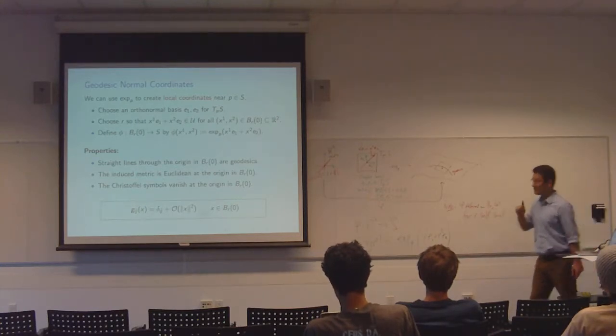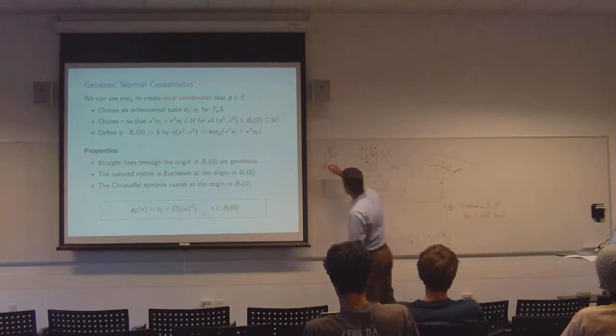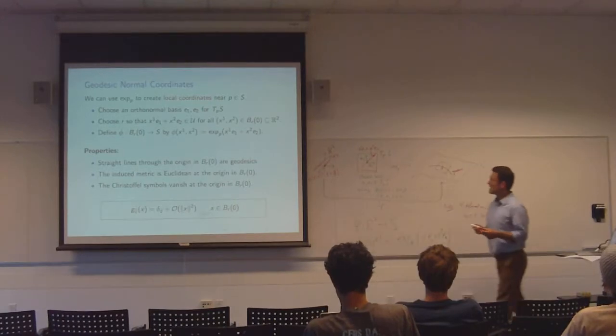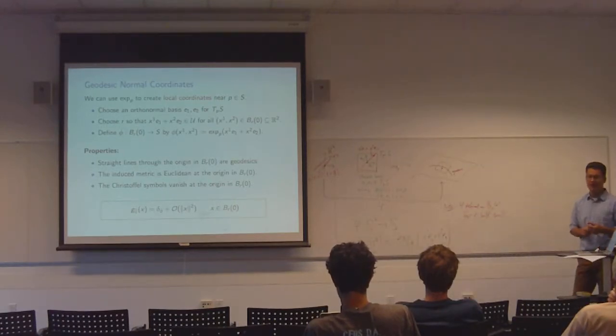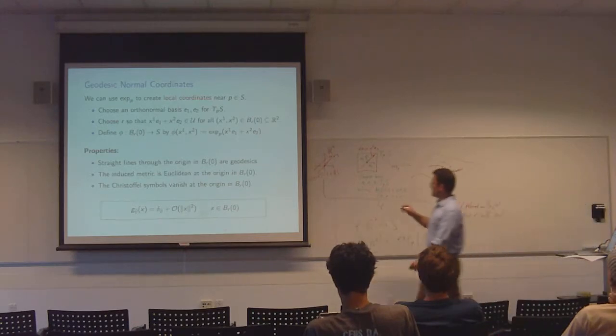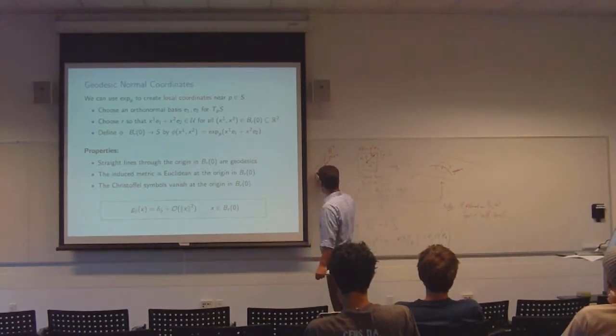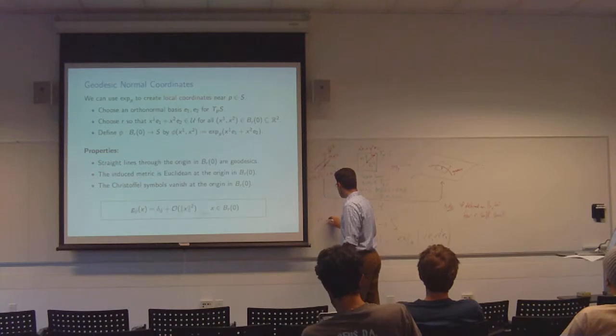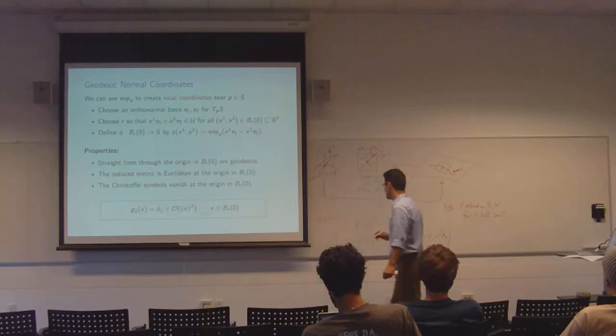Okay, so question for you guys. What about this curve here? What about a straight line which is parallel to the one I just drew, or in fact any other straight line which is not running through the origin? Can you make any statements about that? Let's say it's as close as it needs to be, and let's say this one here is v0 plus t times x1 e1 plus x2 e2, where v0 is some shift vector.